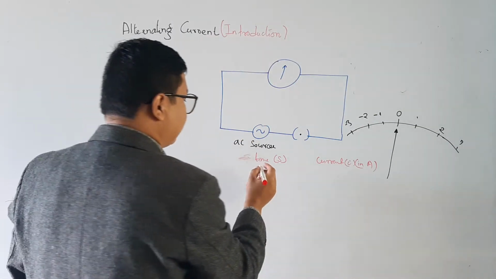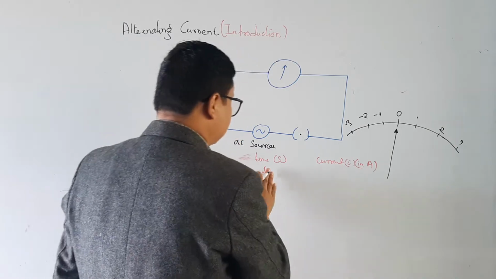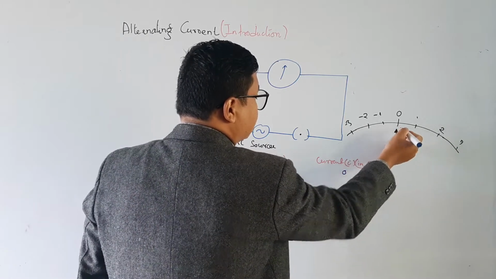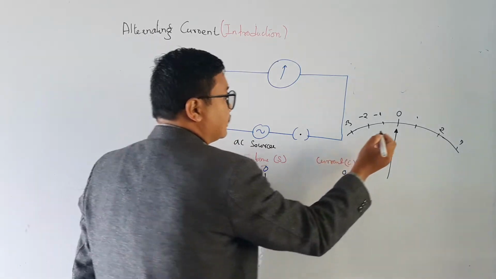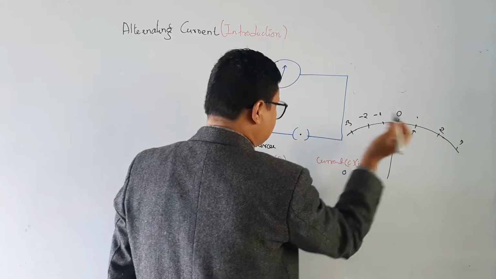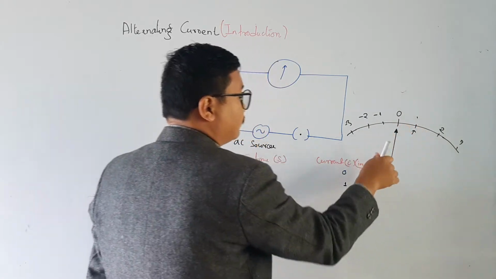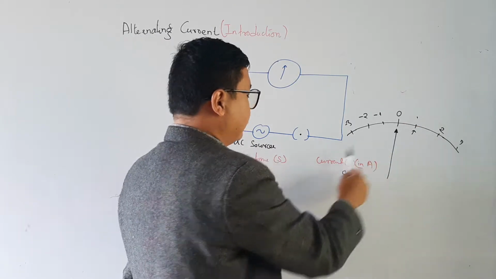Now at 0 time, the current is 0, the pointer is at 0. In the first 1 second, let it move to this point 1. Current is 1 ampere because there is a deflection in the galvanometer like this in 1 second.